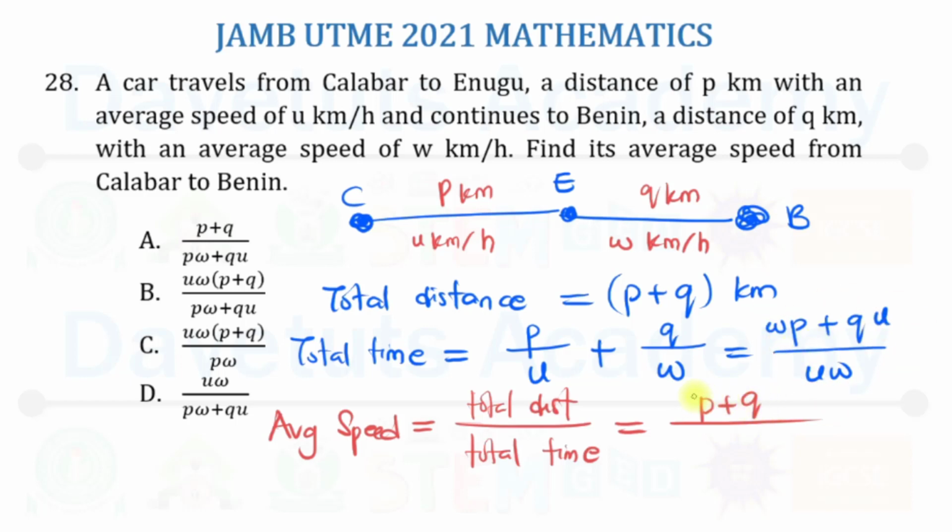So that will be (p plus q) multiplied by uw over wp plus qu. Again, I'm jumping those steps because we need to be smart and fast trying to solve questions like this. So looking at our options, we have uw, (p plus q). The base is pw plus qu. Yes.